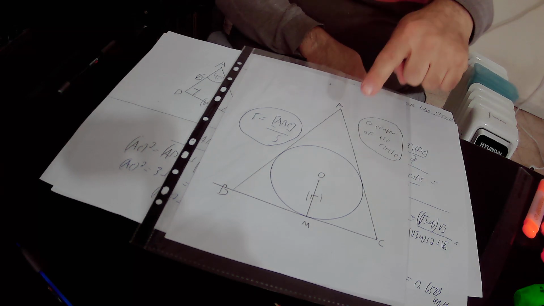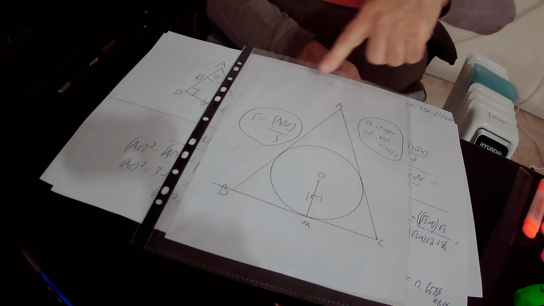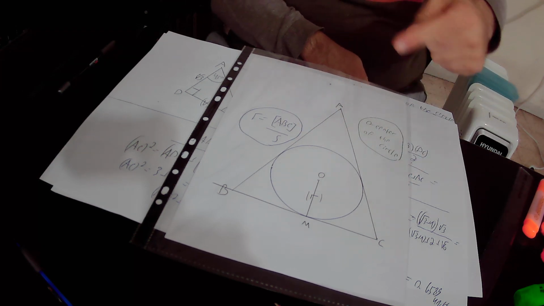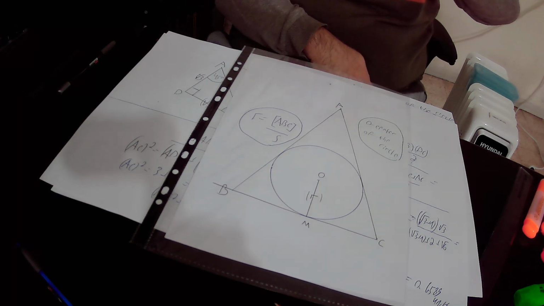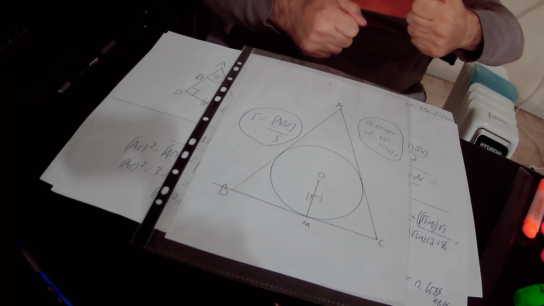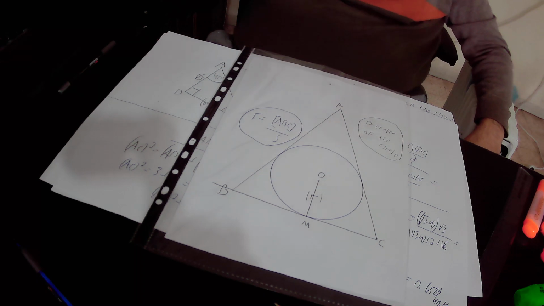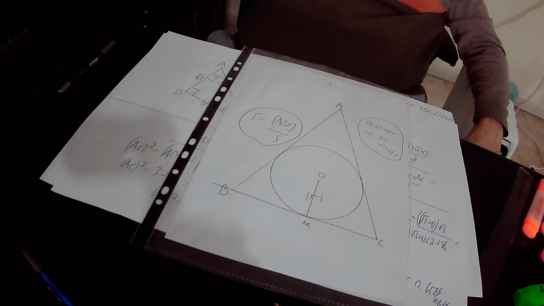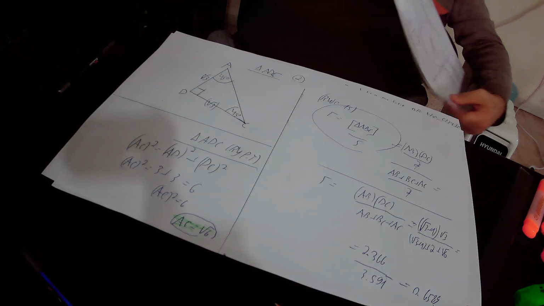Again, the radius R of this circle inscribed by triangle ABC equals the area of triangle ABC over the semi-perimeter of this triangle. And the semi-perimeter of triangle ABC equals the perimeter, that is AB plus BC plus AC, over 2. Okay, we can actually implement rule number 15 in our drawing. Why?